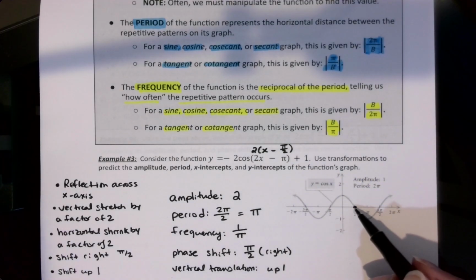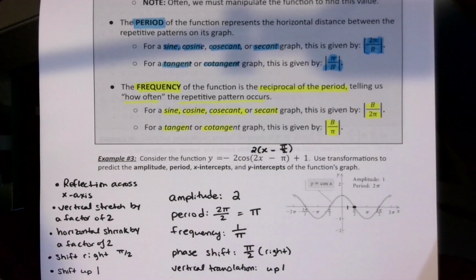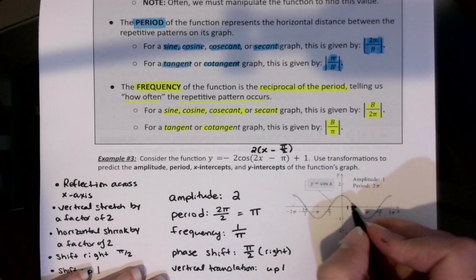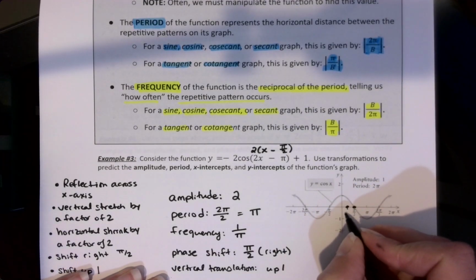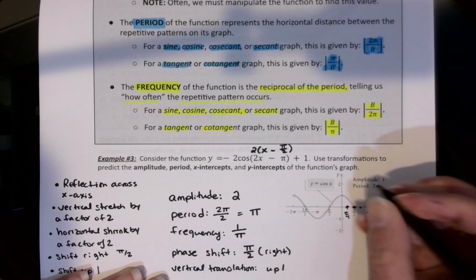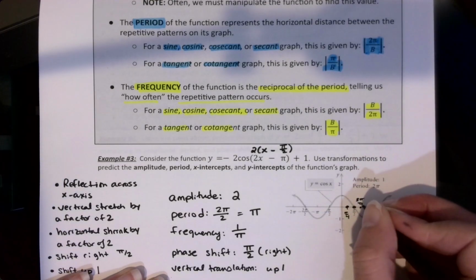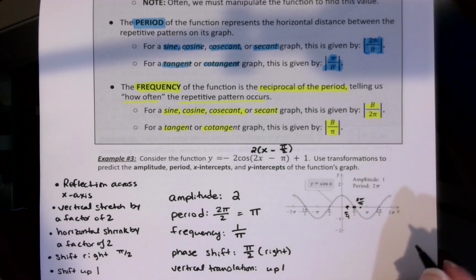And then if I shrink the period down to pi, with that horizontal shrink factor, that's going to move it over to pi fourths. And this one's going to move down to 3 pi fourths and so on. So 3 pi halves moves down to 3 pi fourths.